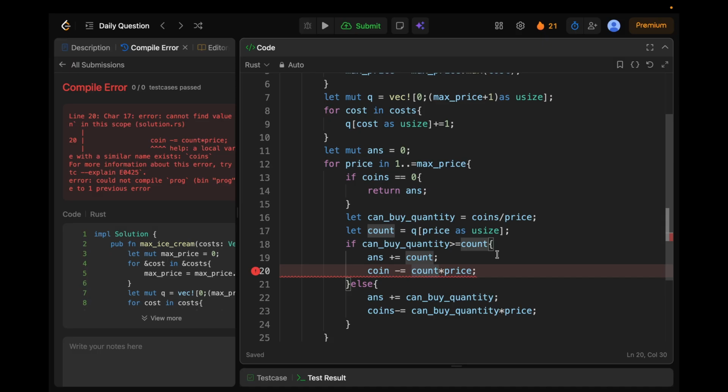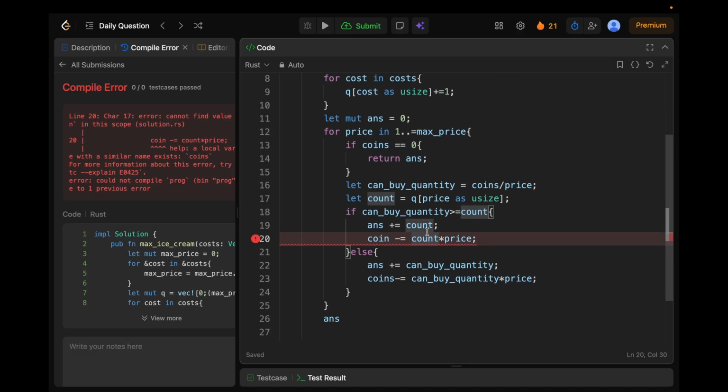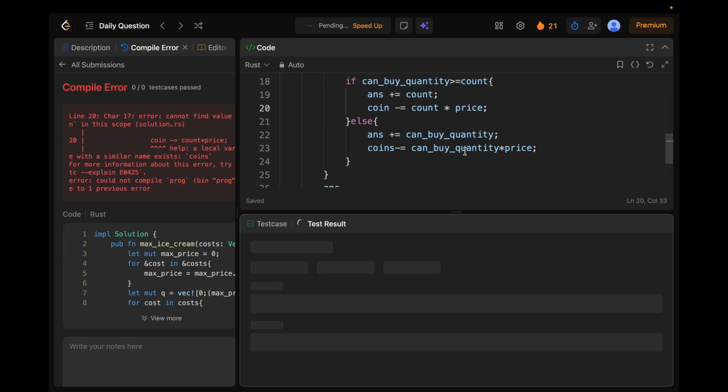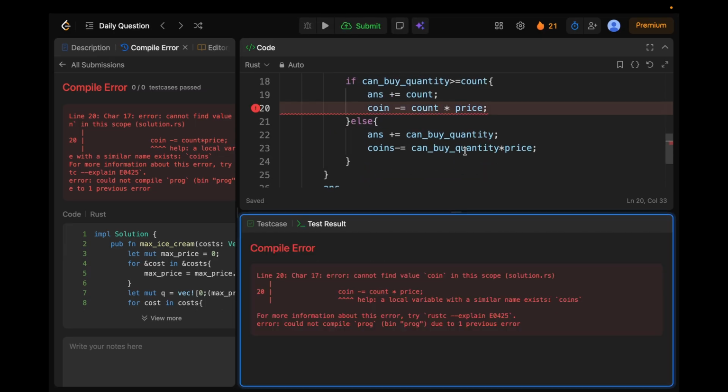Over here, answer plus equal to count, and coins minus equal to count multiplied by price. Sorry, this is coins.